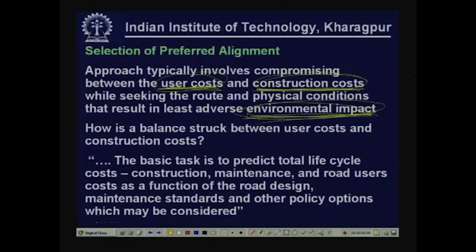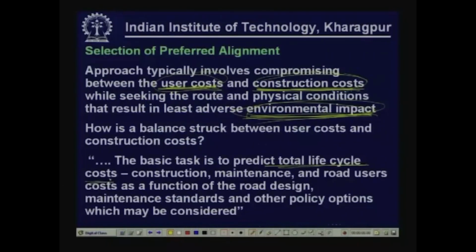Now, how is a balance struck between user cost and construction cost? This is very interesting. The basic task is to predict the total life cycle cost. Instead of considering only the construction cost or only the user cost, it is judicious or more rational to try to predict total life cycle cost, where we consider construction cost, maintenance cost, and also the road user cost.